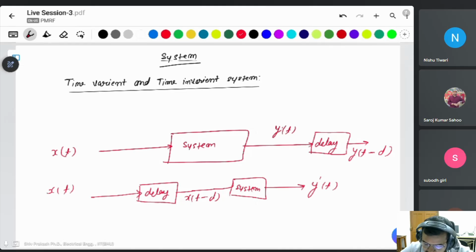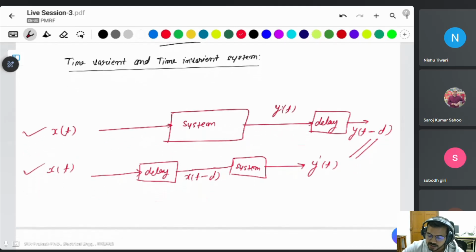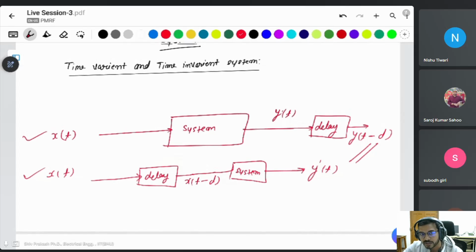In both conditions, whether the delay is before the system or after the system, if both outputs are equal for the same input, there is no difference. Then that condition is known as a time invariant system. The system does not vary with respect to time.